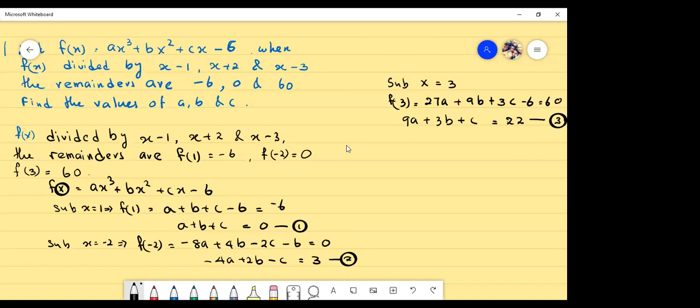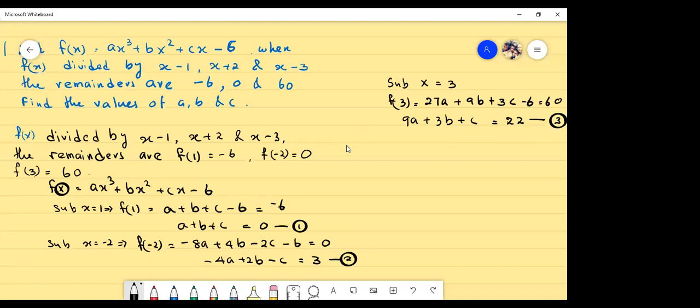We know the method, right, how to solve three variable simultaneous equations. If we consider two by two and make another two equations, here easily we can remove c.